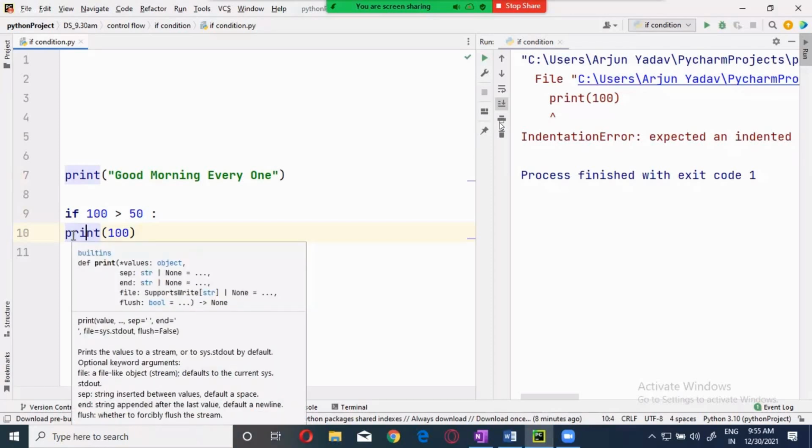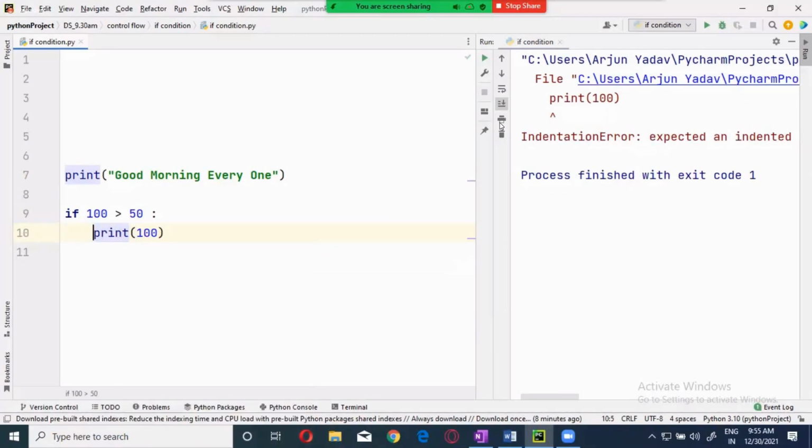To make the interpreter understand that it is under the if block, I'm going to give the space over here. Giving this space to make a block of statements come under a particular statement is called indentation. Got it, guys?